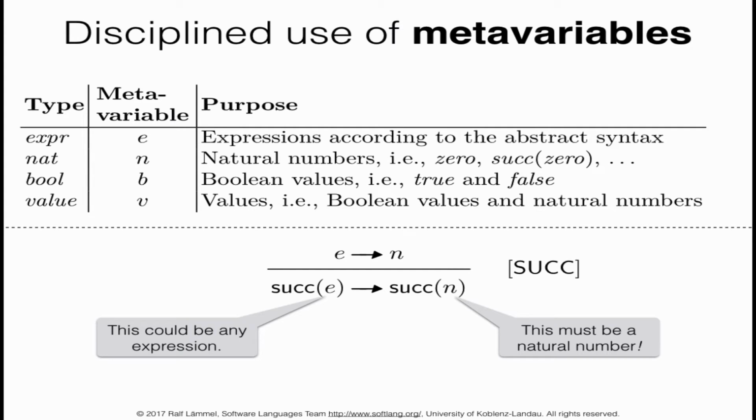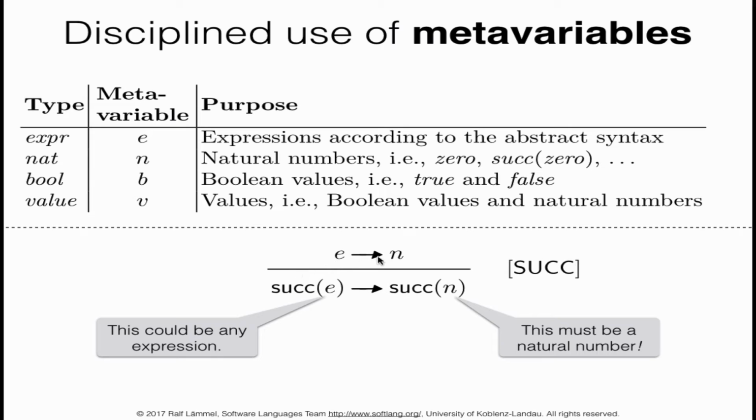I already said a few words about metavariables. Here we have all the metavariables again for the BTL expression language. We've got expressions, E, natural numbers, N, booleans, B, and values, V, being either booleans or natural numbers. The idea is that we use these metavariables carefully throughout the inference rules. This is quite important.